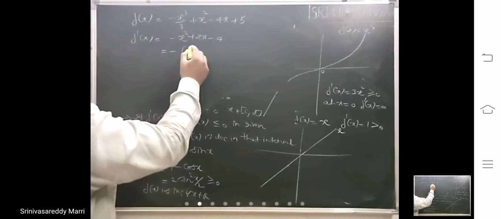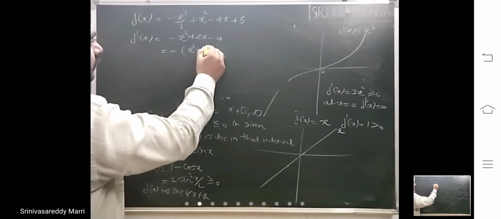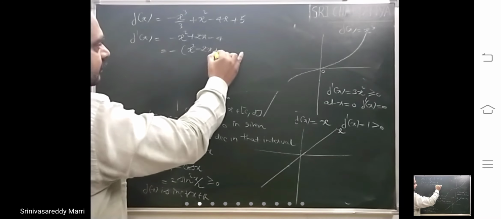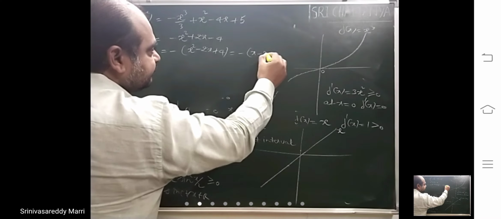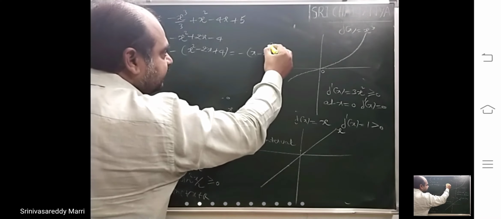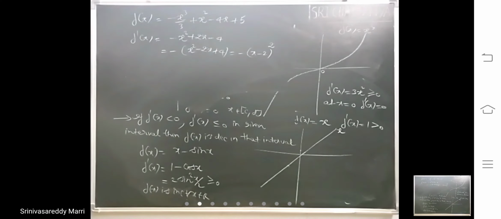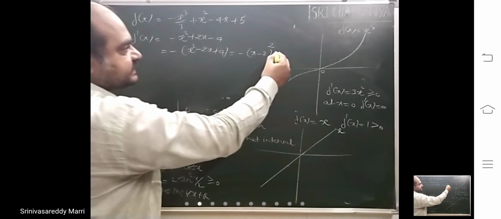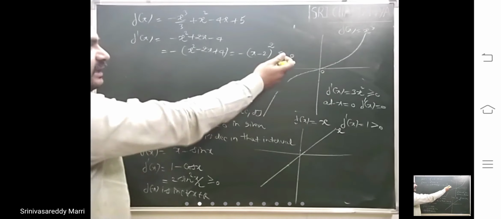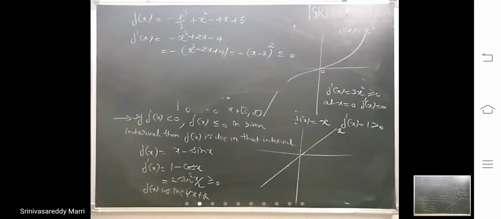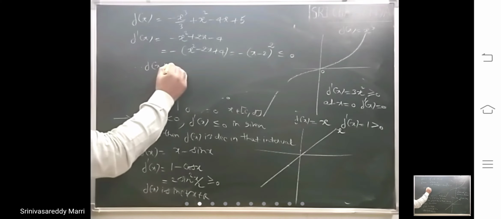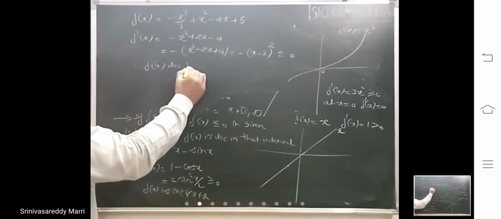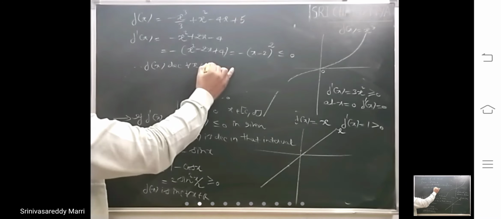If you take common, plus 4, this is nothing but x minus 2 whole square, directly a perfect square. So this is always less than or equal to 0. At 2 it will be 0, otherwise it will be less than 0. Therefore f of x decreases for all x belongs to R.